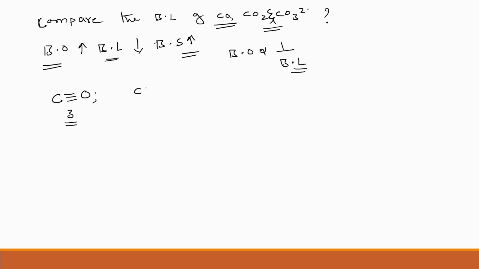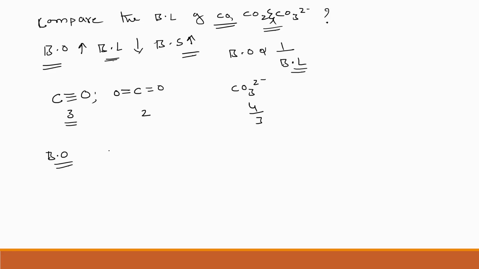And coming to carbon dioxide, this is the structure of carbon dioxide. What is the bond order between carbon and oxygen? The bond order is 2. And the carbonate ion: we know the bond order between carbon and oxygen, that is what we got, 4/3. So what is the order of bond order?